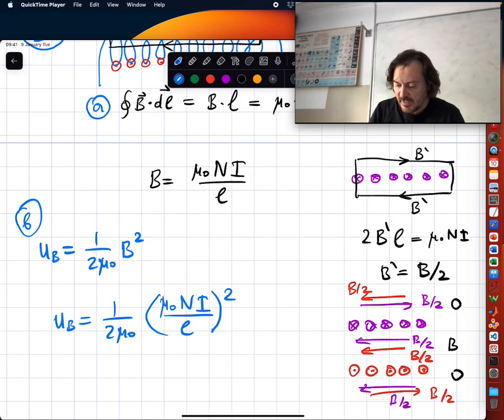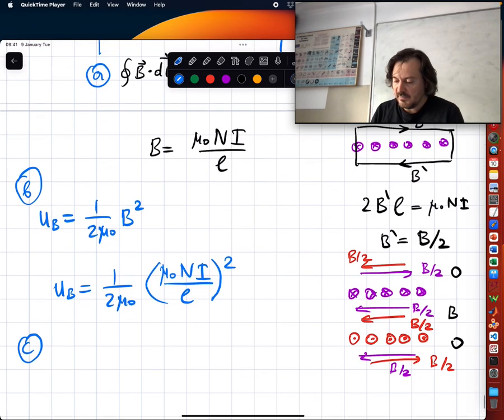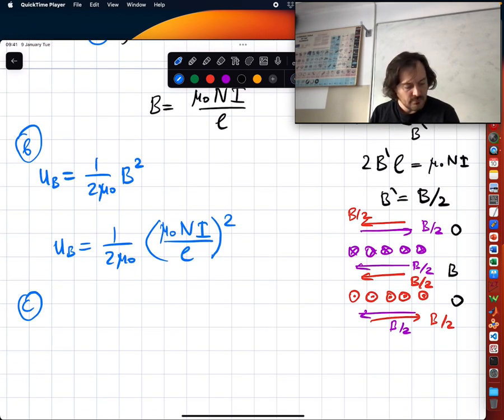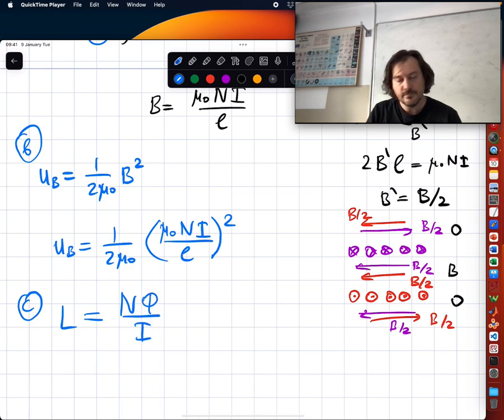And part C asks for L, and this time it asks for self-inductance. Do you remember the formula for self-inductance, the general formula? No? It was N phi over I, right?